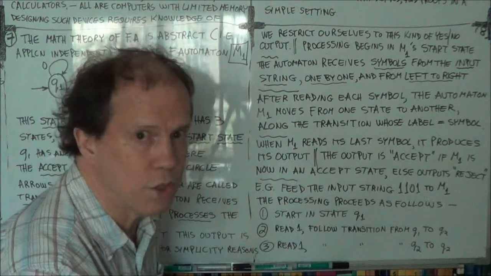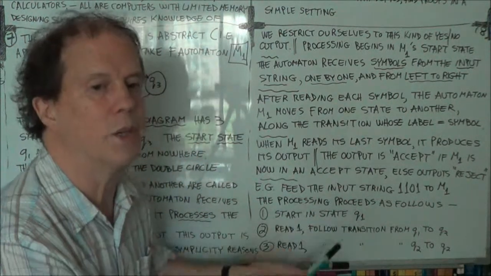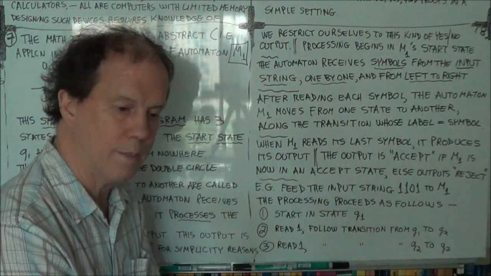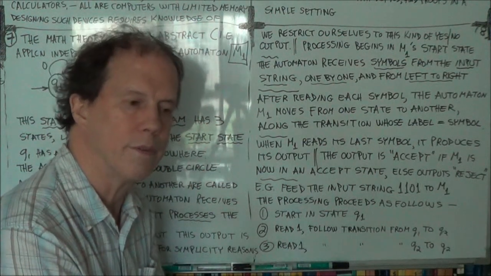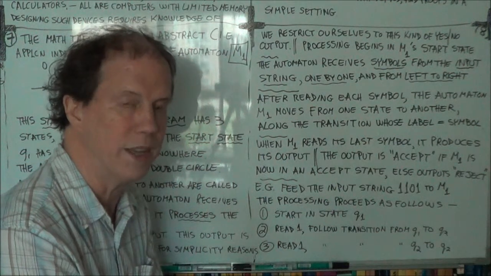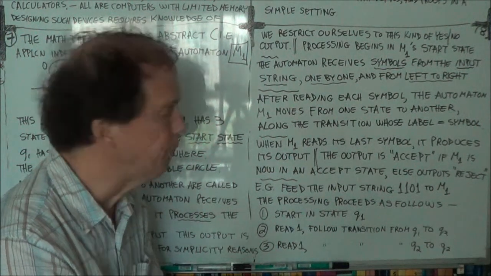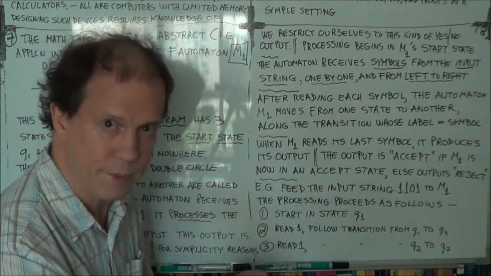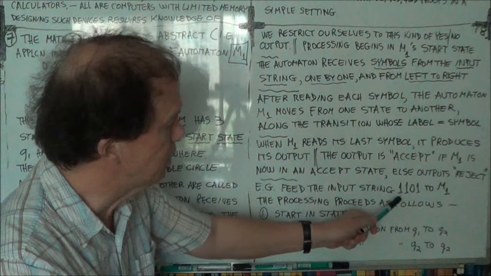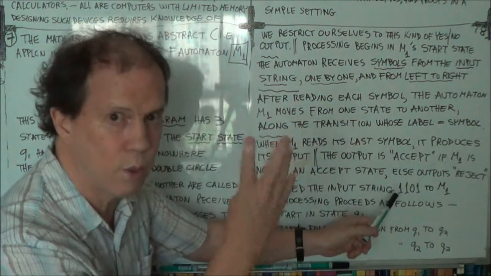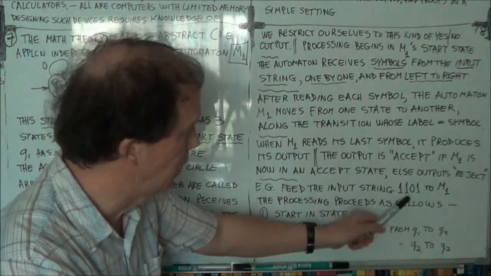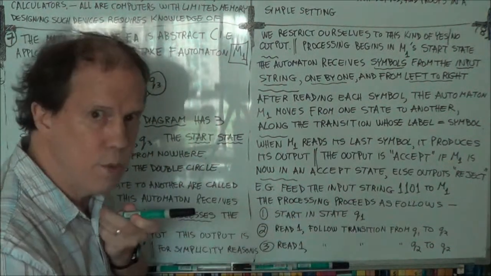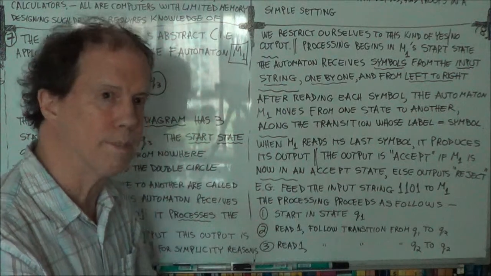And our input string is over the binary alphabet, so there are only two different kinds of symbols in that alphabet, 0 and 1. So our string is made up of zeros or ones. And here's the string, just a string of 4 symbols: 1, 1, 0, 1. That's the string that goes into the automaton, M1.